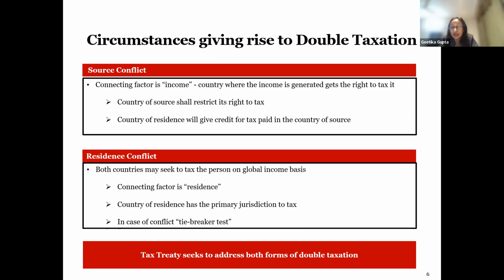So if a company is doing business with a source country, with a host country, host or source could be used interchangeably, then besides being taxed in the country of residence, which is the home country, it will also be taxed in the host country on the basis of the source link, because the company is heavily engaged in doing the business in the territory of this other country. For example, a company doing business through a branch in another country.